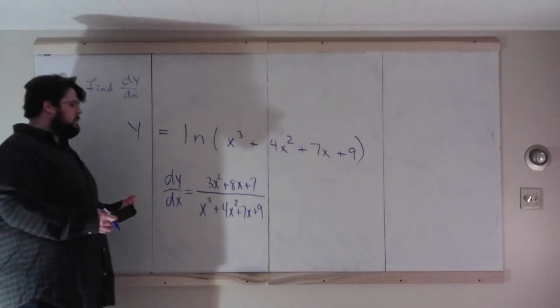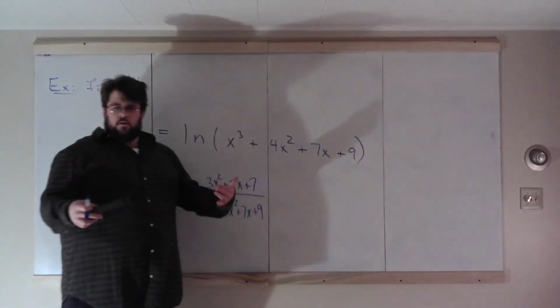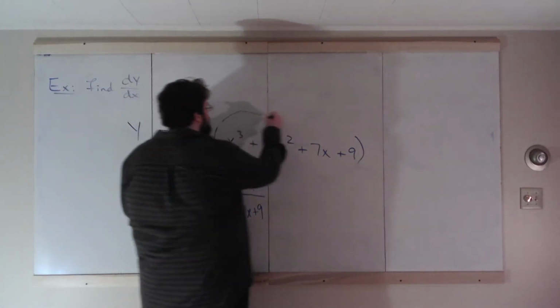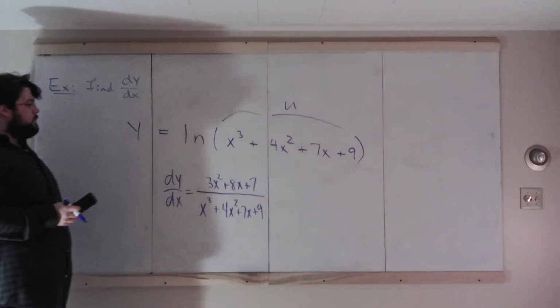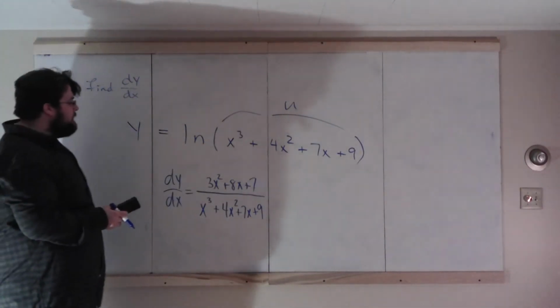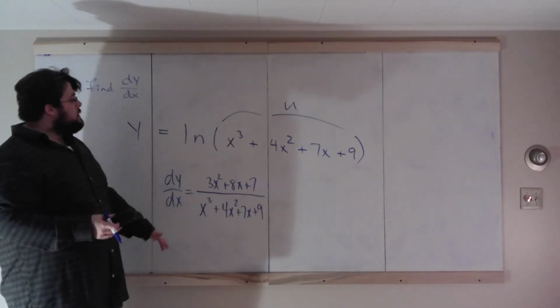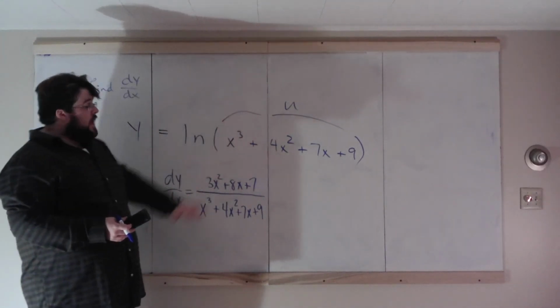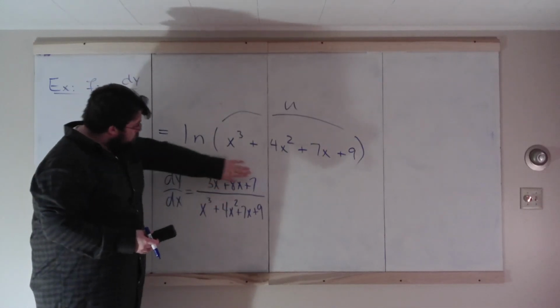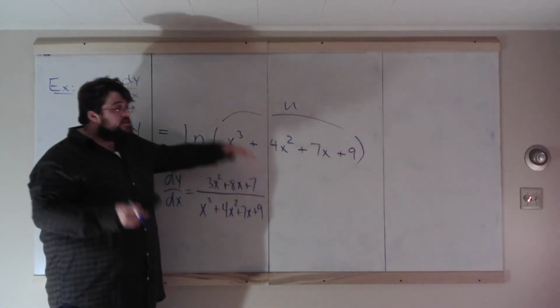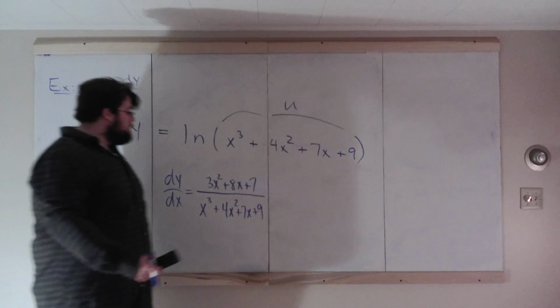Where did that come from? Well, we know how to take the derivative of log of something. So what we could do is let that inside equal u. And then the answer would be 1 over u times the derivative of u. 1 over u is seen in this fraction. 1 over u is 1 over that times the derivative of u.